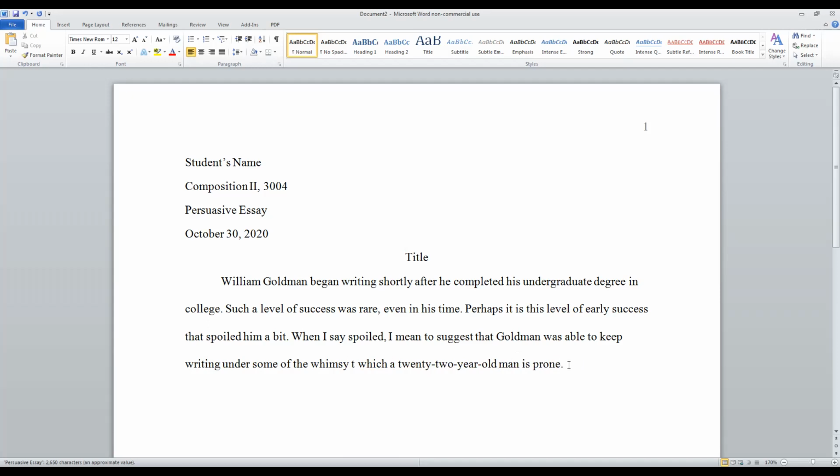Now why didn't I say prone to? Well, remember that to is a preposition, and if you're trying to achieve the most formal style of writing, you should try to never end a sentence with a preposition. Now, there are some people who suggest, and I actually agree with this, that not ending a sentence with a preposition is a bit stilted in terms of writing.